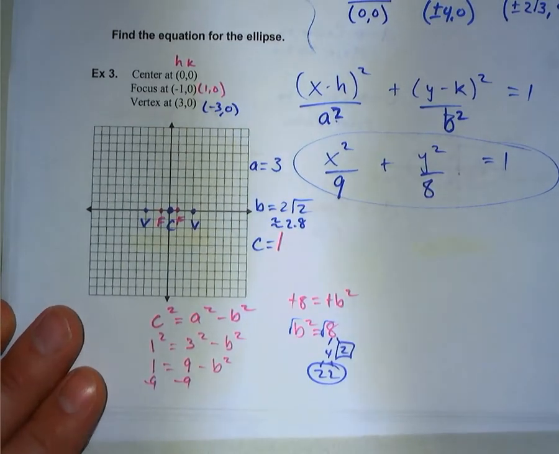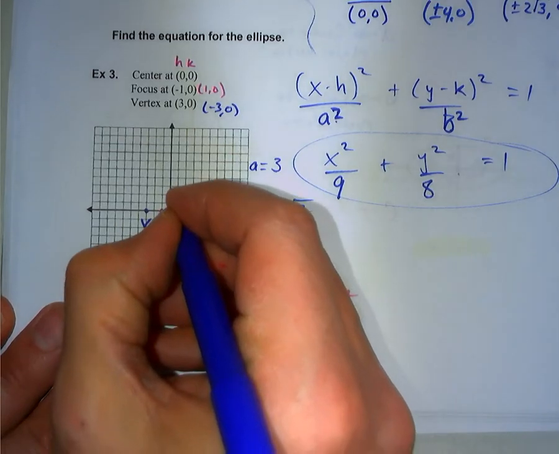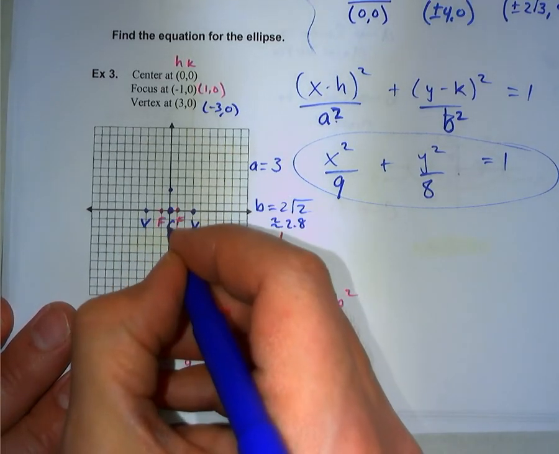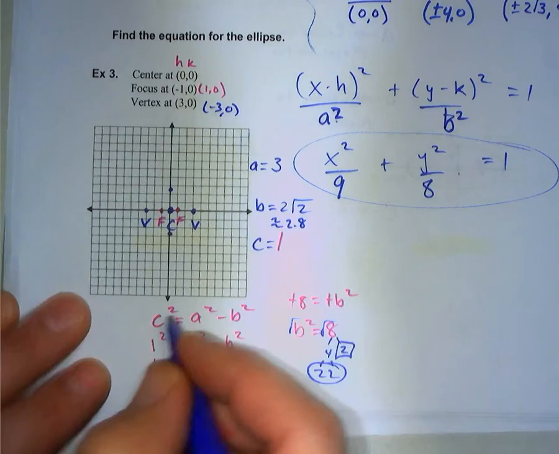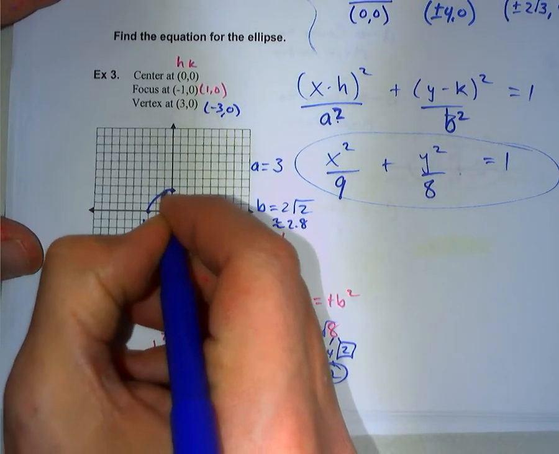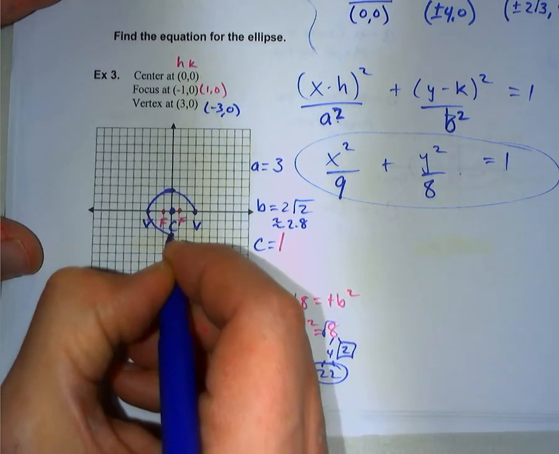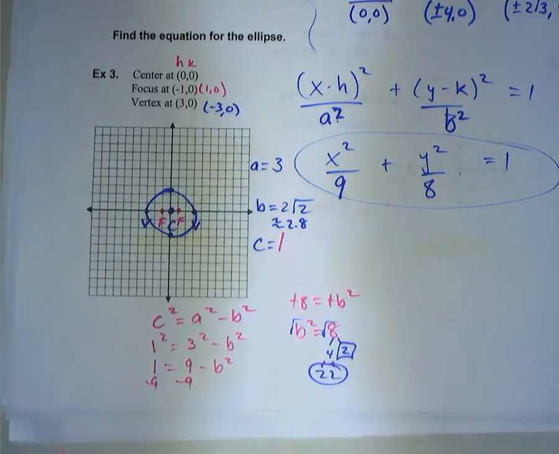It's really close to the square root of 9, which is 3, but it's just not quite. So I'm going to go up 1, 2.8-ish, down 1, 2.8-ish. And now I'm going to make my ellipse here. Not my best, but that's not too bad.